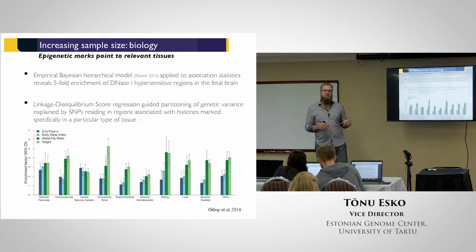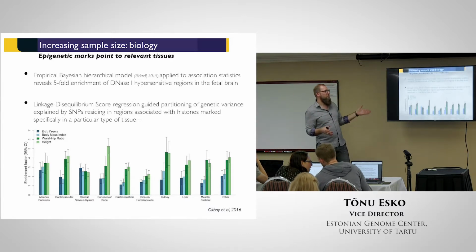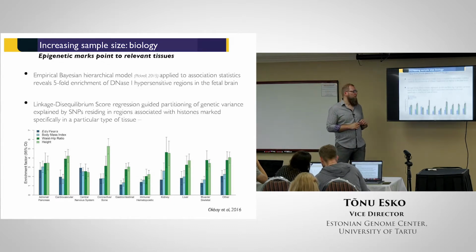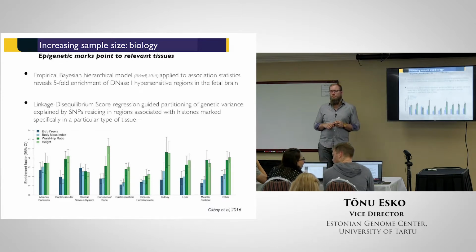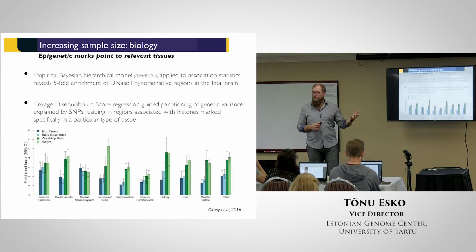And this is an example of how you can use this LD score partitioning to understand the biology behind it. And there are probably now much more updated methods and much nicer figures and examples, but this is one of the early examples of how you can use the chromatin structure to understand the biology.